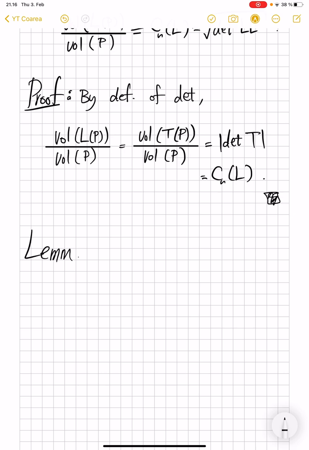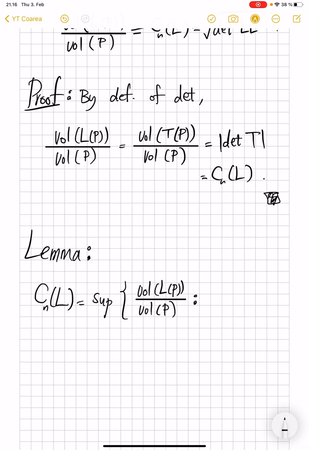Okay. The next one, which follows immediately from this one, is that CnL equals the supremum of the n-dimensional volume of LP over volume of P, where P is an n-dimensional parallelepiped in Rm.